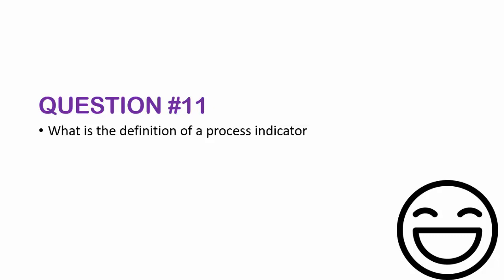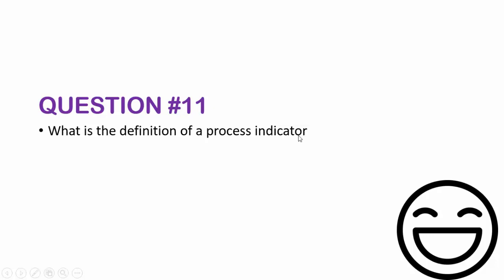What is the definition of a process indicator? So now, when you have these kinds of questions, I have to tell you that one of the best ways to answer this question is to just break down this phrase into two. So here you have process and here you have indicator. So what is an indicator?